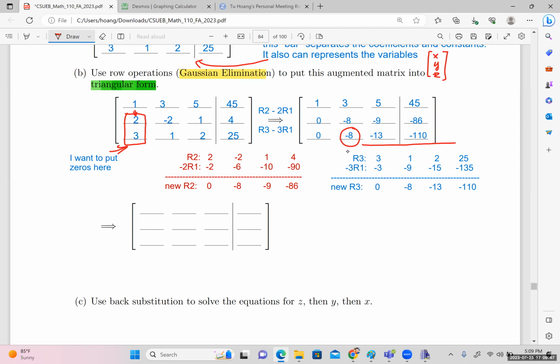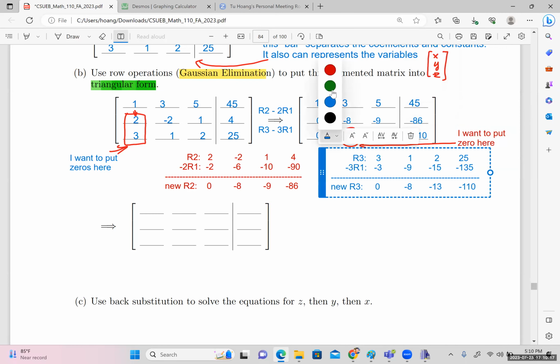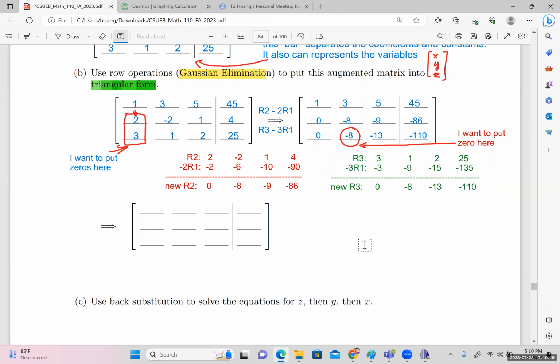And the goal right now is I want to put 0 here. Maybe I make a red color. So it's going to be green, better. Okay.